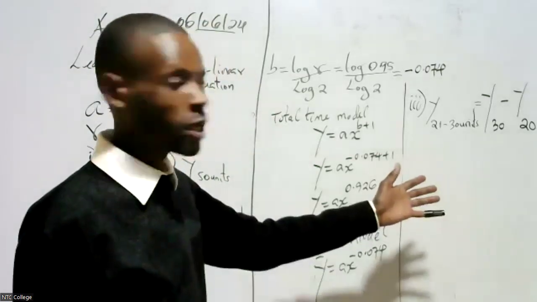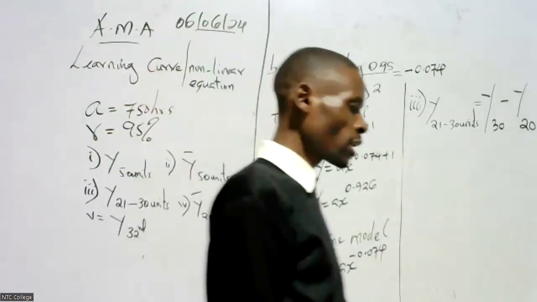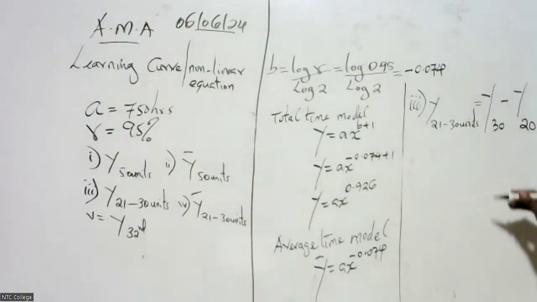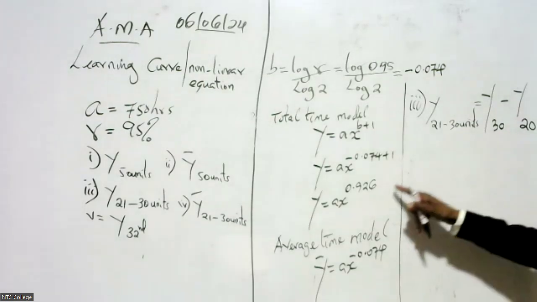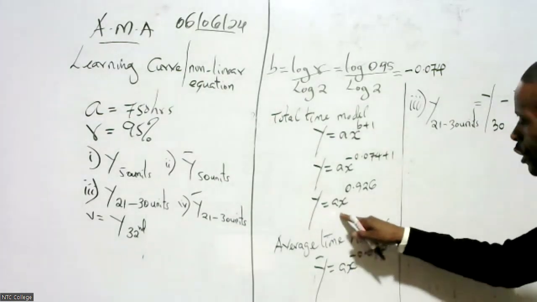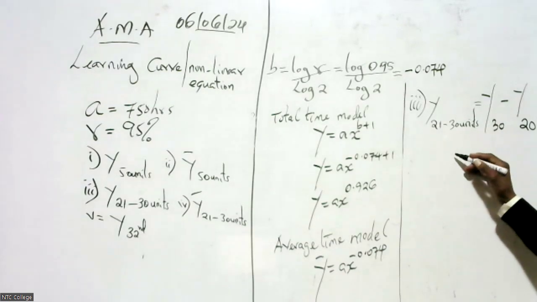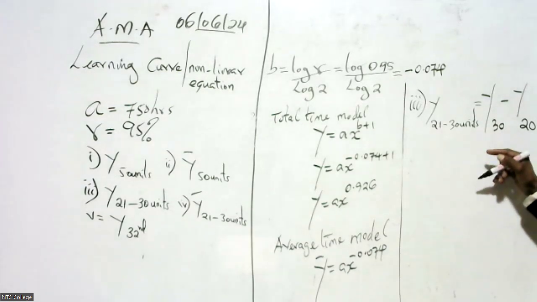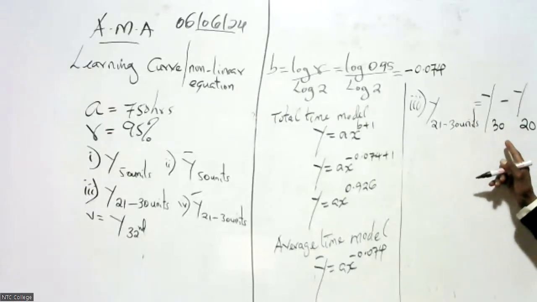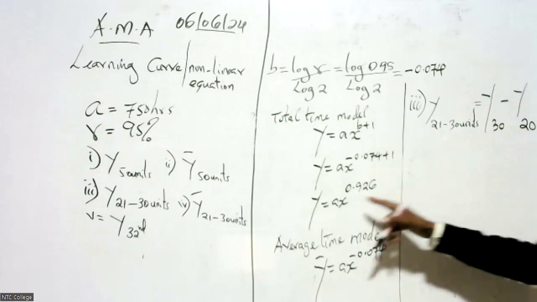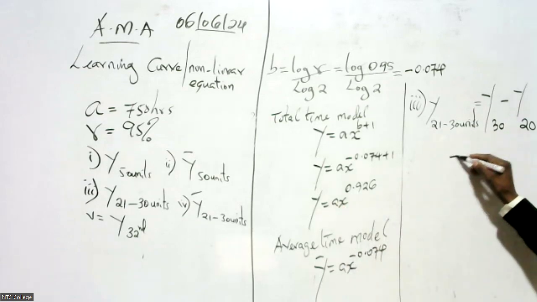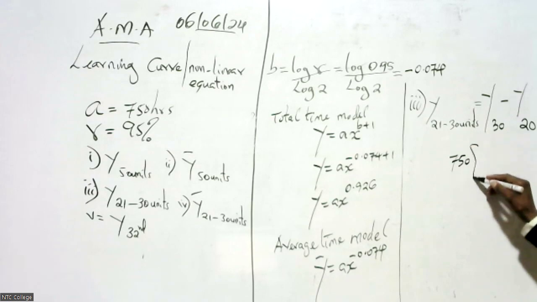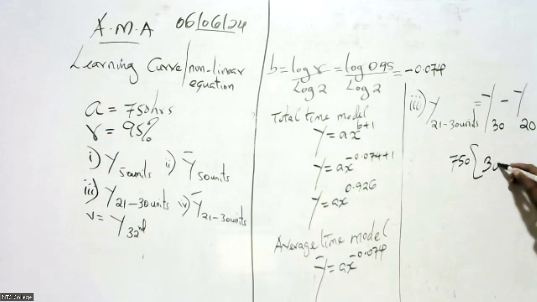Now, plug the figures into the formula and get the time. Because A is common in both, sometimes you can work separately, but in that case we have a common parameter, which is A. So I'll say 750 into 30 raised to 0.926 minus 20 raised to 0.926.